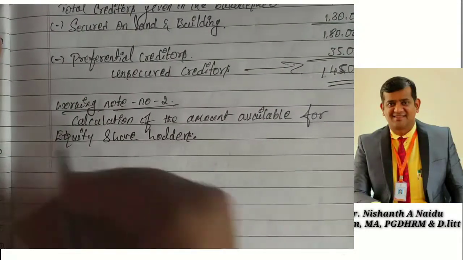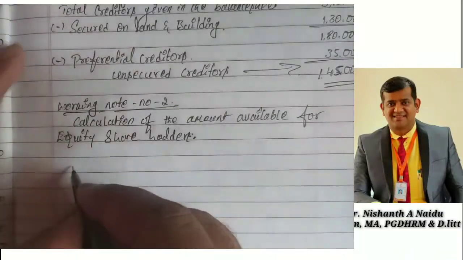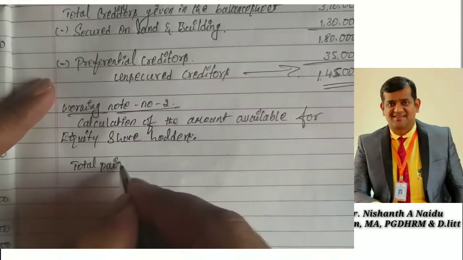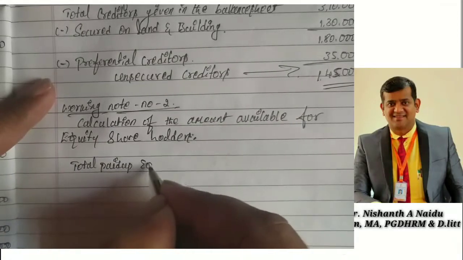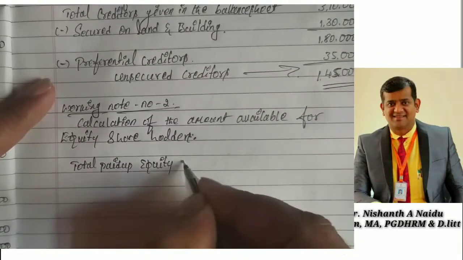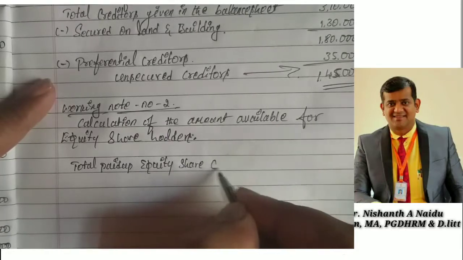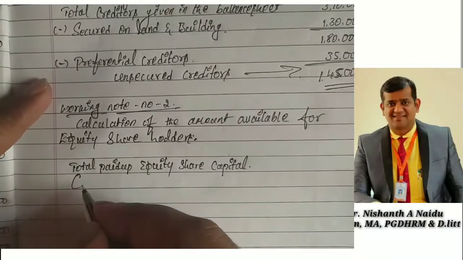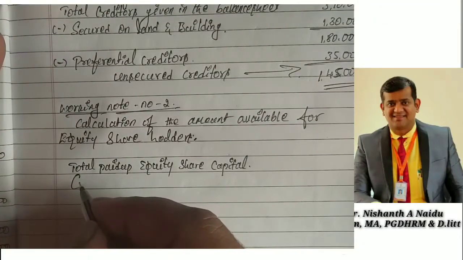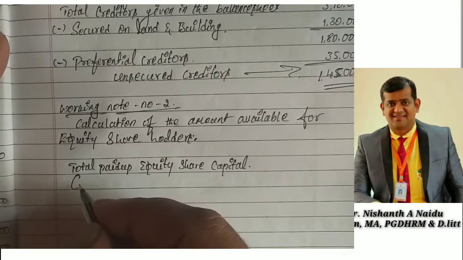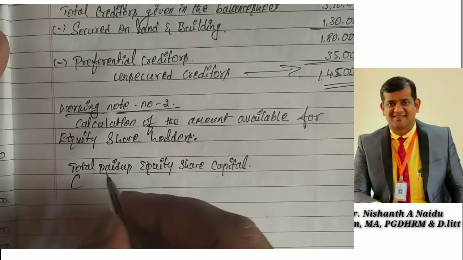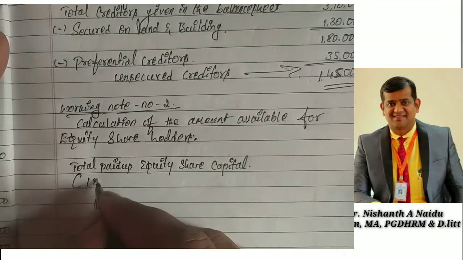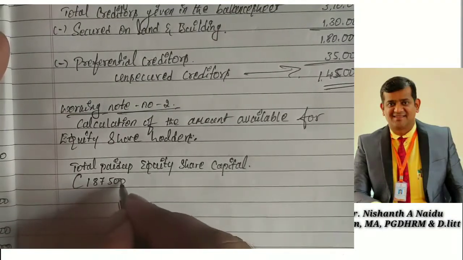So first write down the total paid up equity share capital. How much is the total paid up equity share capital? 2,500 equity shares of rupees 100 each, rupees 75 paid. So that is 1,87,500 rupees.